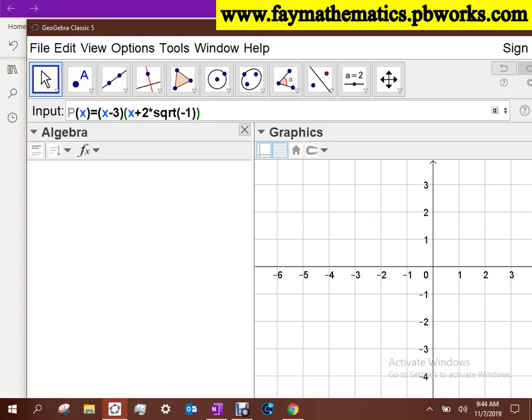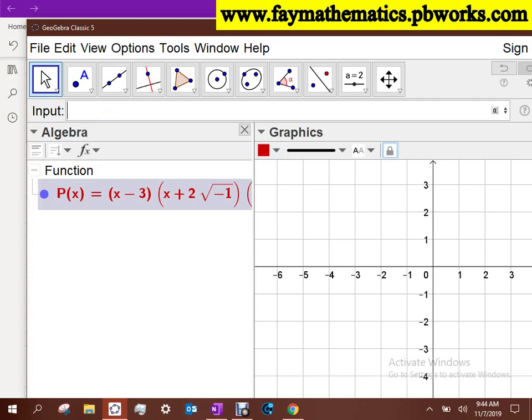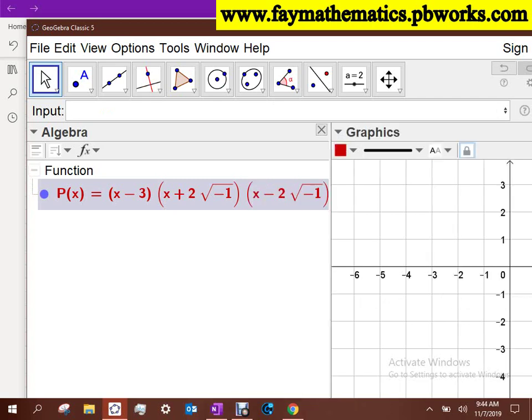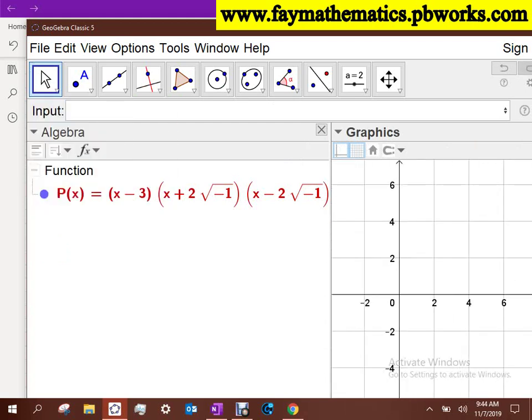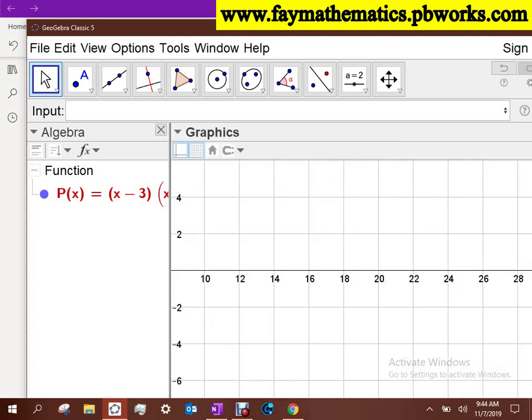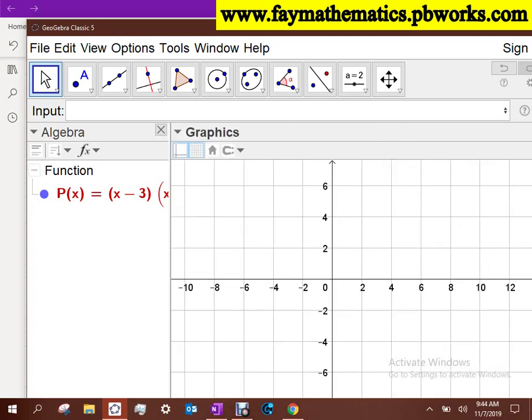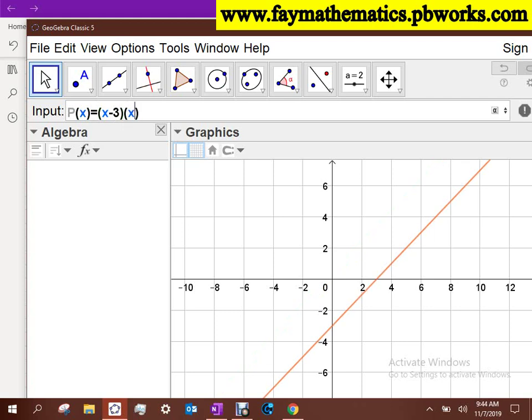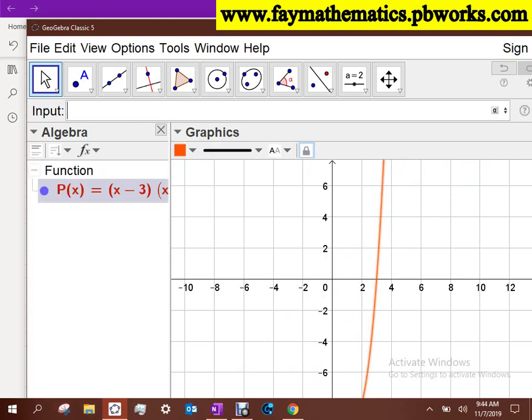That's 2i, right? And then x minus 2 times square root of negative 1. See what that does. All right, so it doesn't know what it's doing. Let's do this. Let's go P of x equals x minus 3, x squared plus 4. So that's the work we did, right?